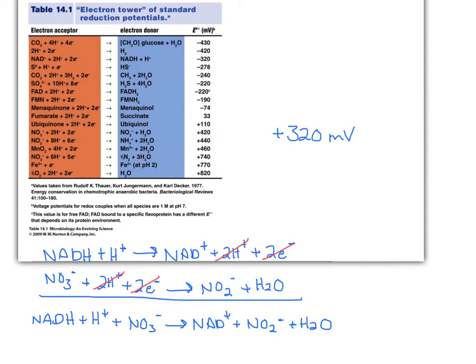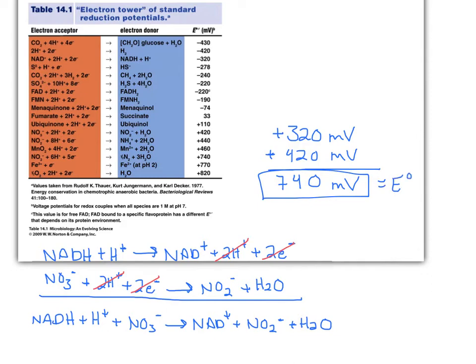And since we didn't flip the equation, we don't need to flip the sign. So the standard reduction potential for the complete redox reaction is 740 millivolts.